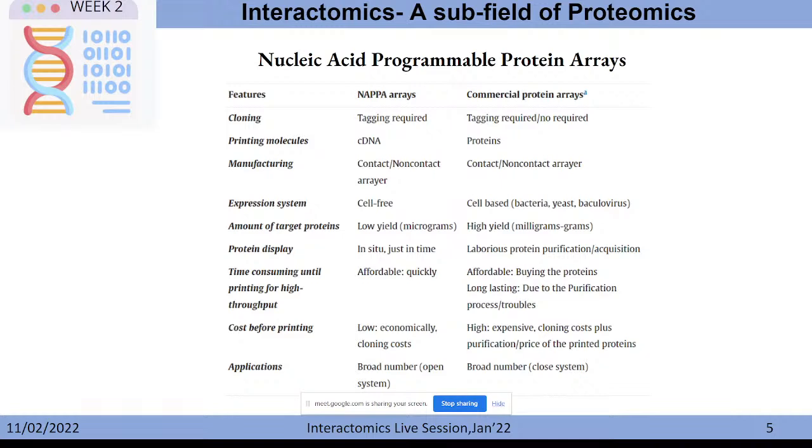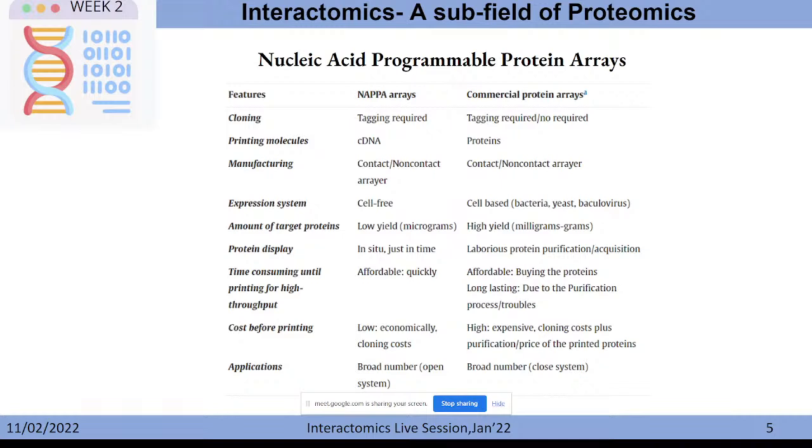Whereas for commercial protein arrays, where you need the cell-based expression system, you will require laborious protein purification and then acquisition. NAPA is affordable and quick: you can just print your cDNA, express it, and it will be done quickly.